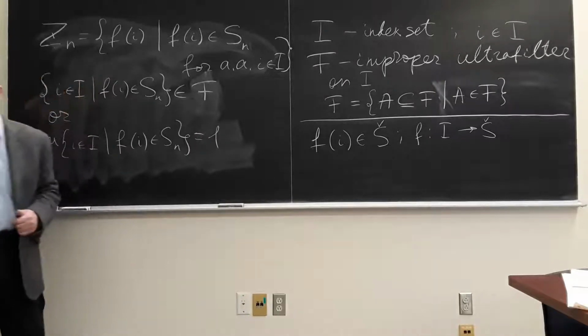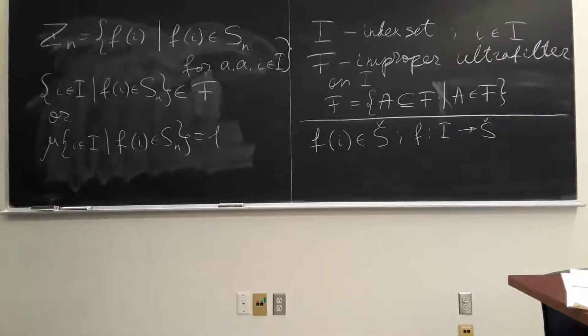The measure of a set is 1 if the set belongs to our ultrafilter, otherwise it is 0. So it is a sort of indicator that the set belongs to the ultrafilter.